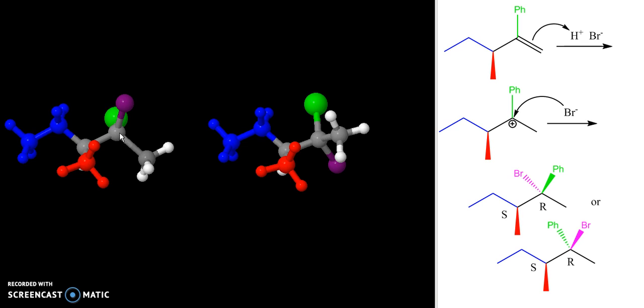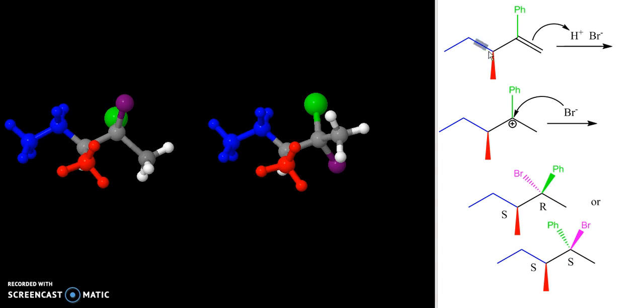I've made a new stereocenter. If I look over here, the one where it has come in from the bottom, my new stereocenter is R. On the other hand, the one where it came in from the top, and this is actually labeled wrong, it should say that this is S, and I've changed that. So a new R stereocenter or a new S stereocenter.